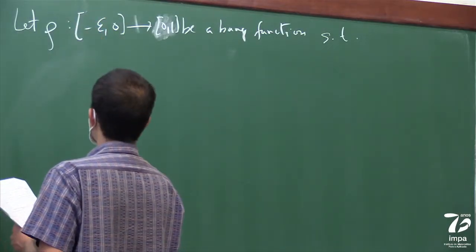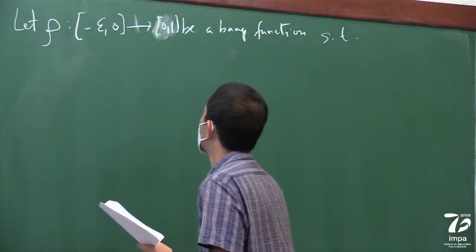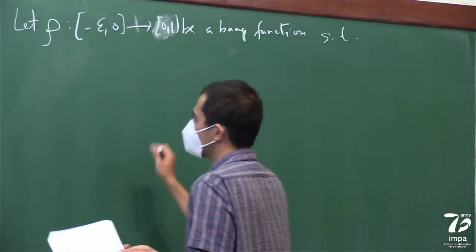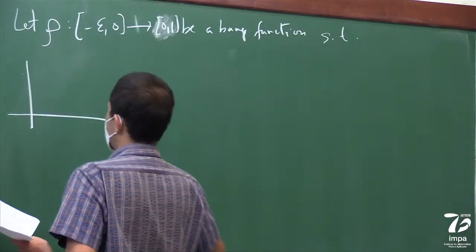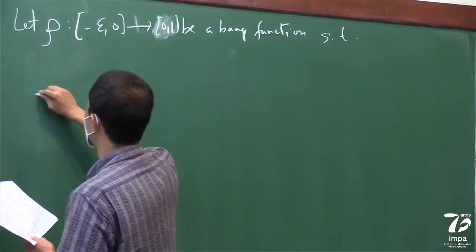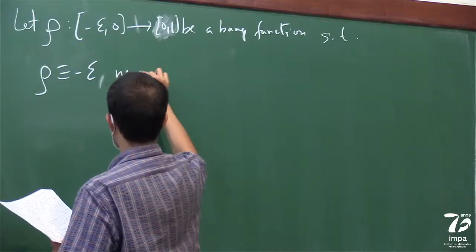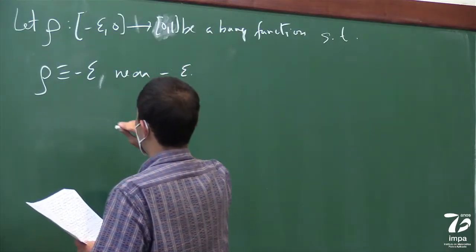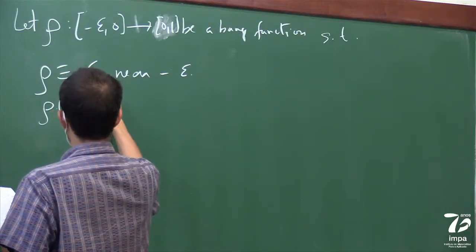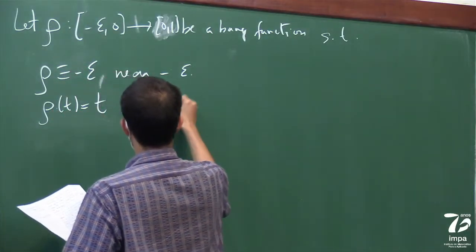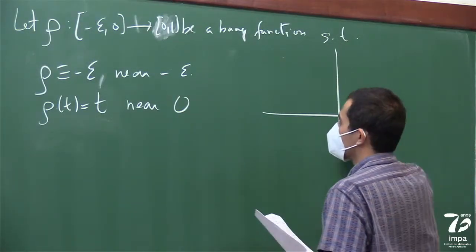Rho is a smooth function. I want rho to be identically equal to minus epsilon near minus epsilon, and I want rho of t to be equal to t near 0.